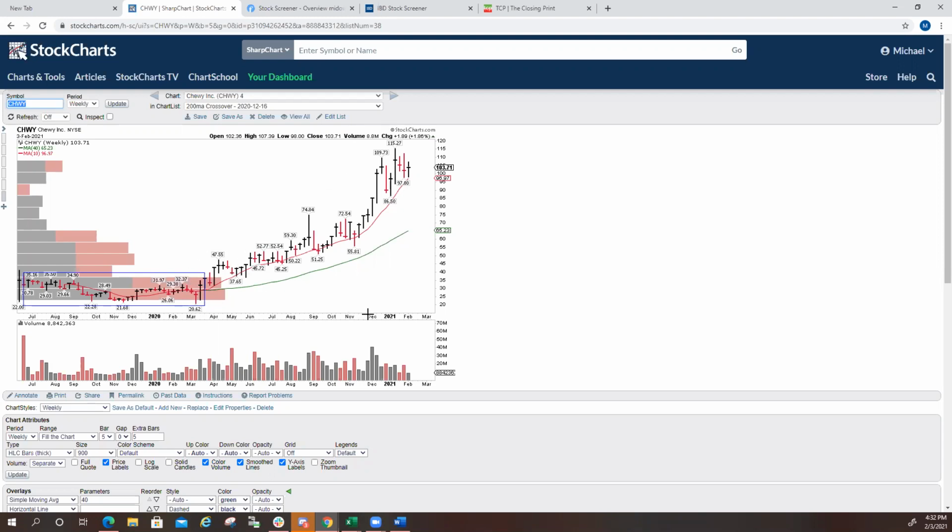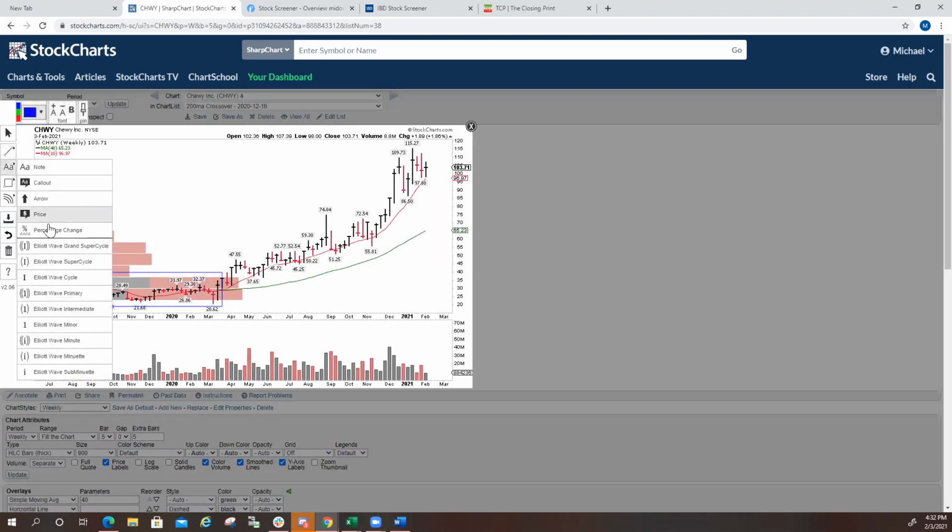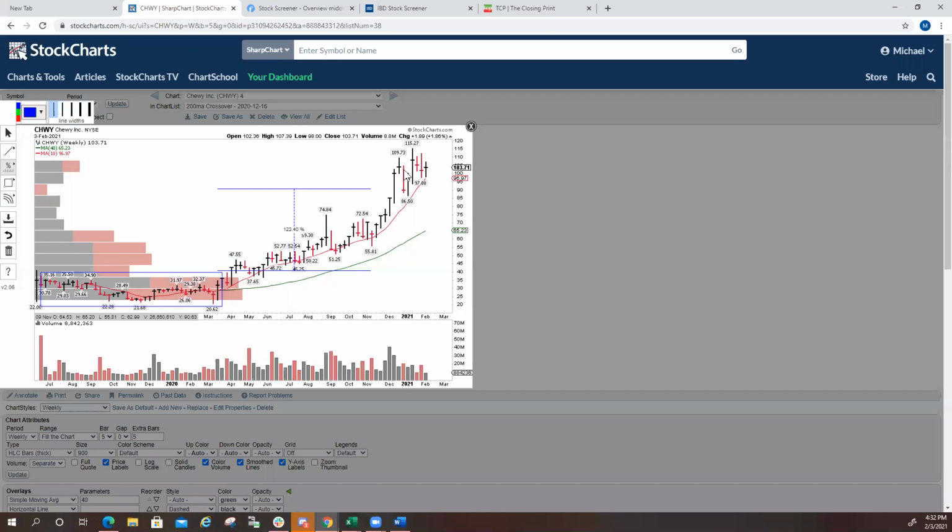So from March to December, let's just say it's around here, we had a 175% move on this. Now, if you didn't hold through this whole thing and you were in and out multiple times, then you could probably do an average of 50 to 60 to 70% for your portfolio. So this is just one position.